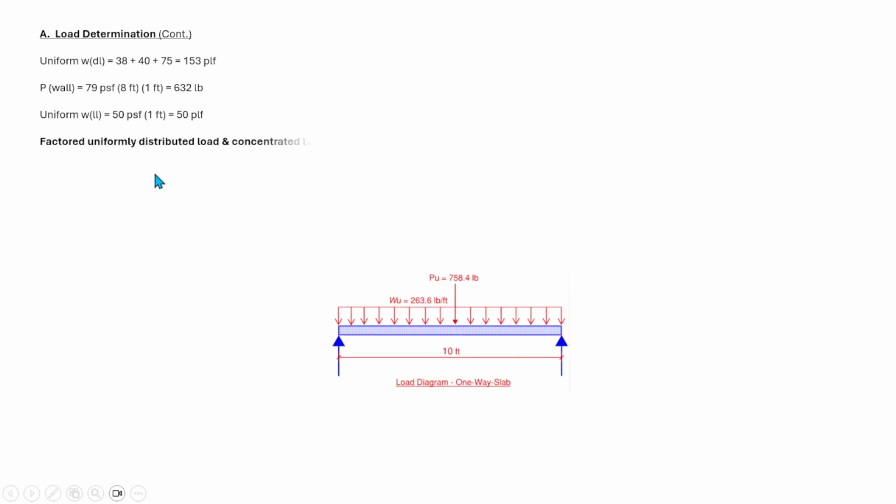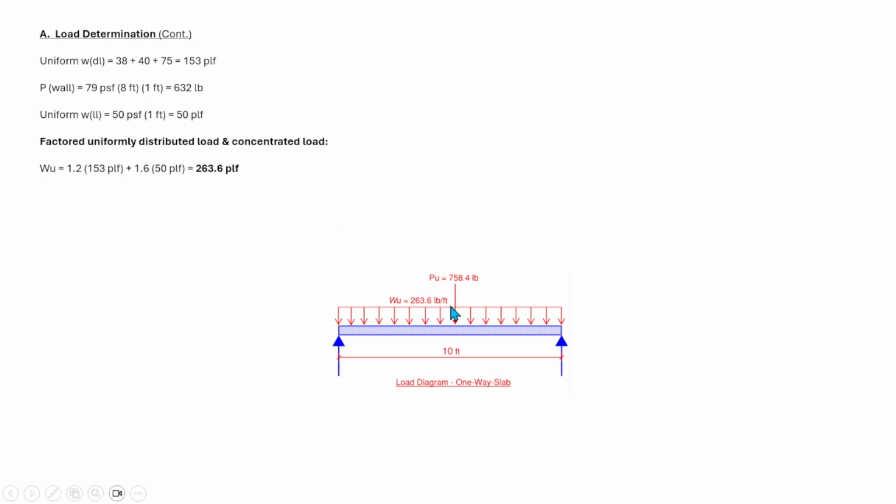Now the factored uniform distributed load and the concentrated load, which is this one. That is 1.2 times 153, which is the uniform distributed dead load, plus 1.6 times 50, which is the live load, that is equal to 263.6 PLF.